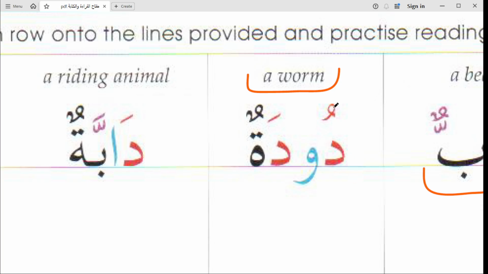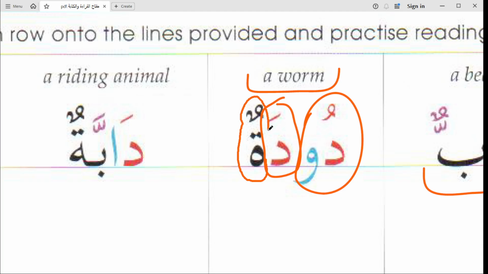Let's look. First is dal with dhamma is do, but there is a wow after, so this is a long vowel. This is do, do. And there is after that dal with fatha is going to be da, da. So do da. And there is ta, a tied up ta with tanween al-dhamm.